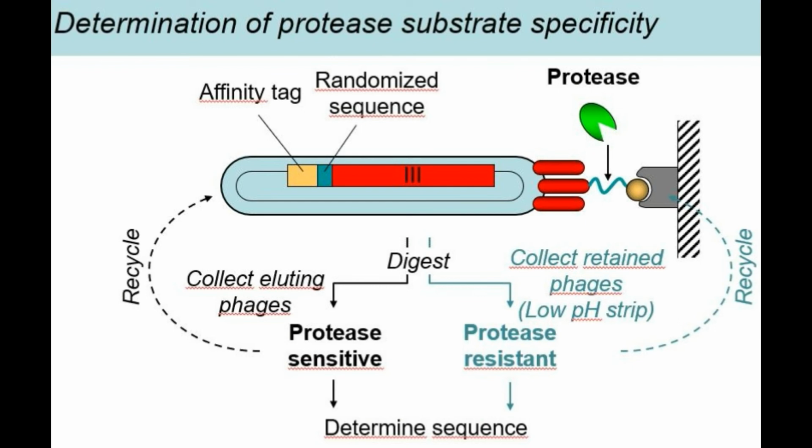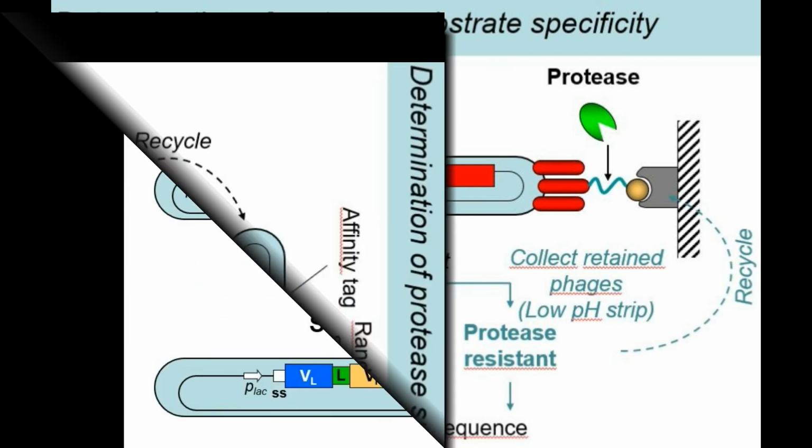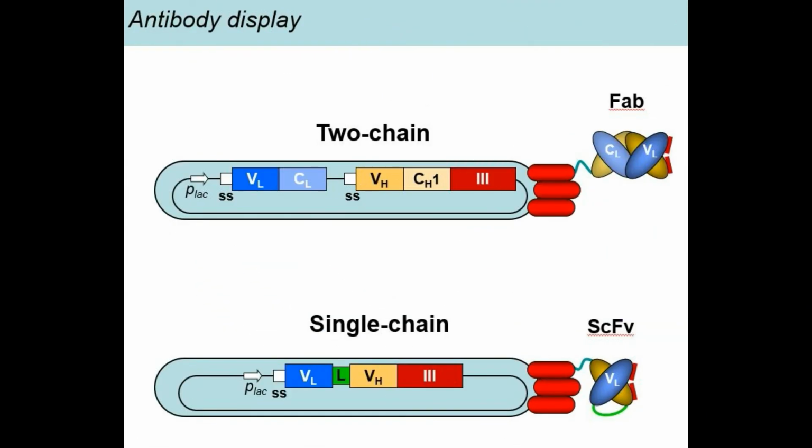If it is not, then we can say that the protease resistant phage exists. Lastly, we can also engineer antibodies from these phages that can help to express the protein like a VH or VL segment, which is the variable heavy chain and the variable light chain of an antibody structure. And this can be expressed outside the phage coat proteins.